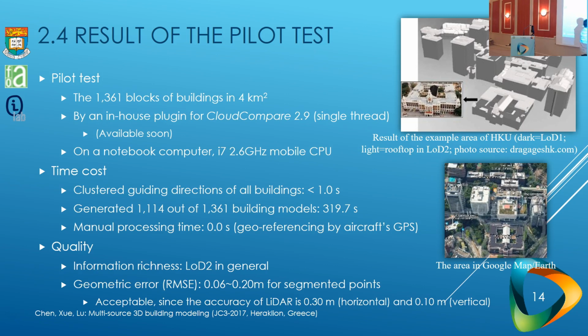And this is a comparison image from Google Earth. And the errors, the RMSE, is from 0.06 to 0.2 meters for segmented points. We think this is acceptable since the accuracy of the data itself is around 0.1 to 0.3.